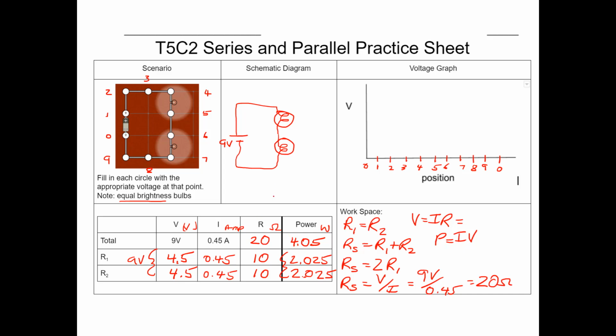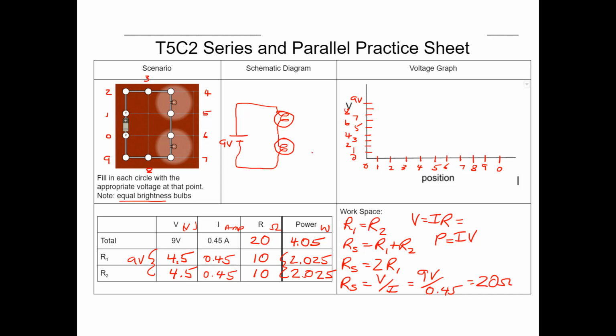Good. For the voltage graph, I've already labeled these positions across the horizontal axis, and we have to go up to 9 volts. So let's see, 1, 2, 3, 4, 5, 6, 7, 8, 9. That seems like a good value there. We'll start at 0, 1, 2, 3, 4, 5, 6, 7, 8, and 9 volts. So let's start around this circuit.